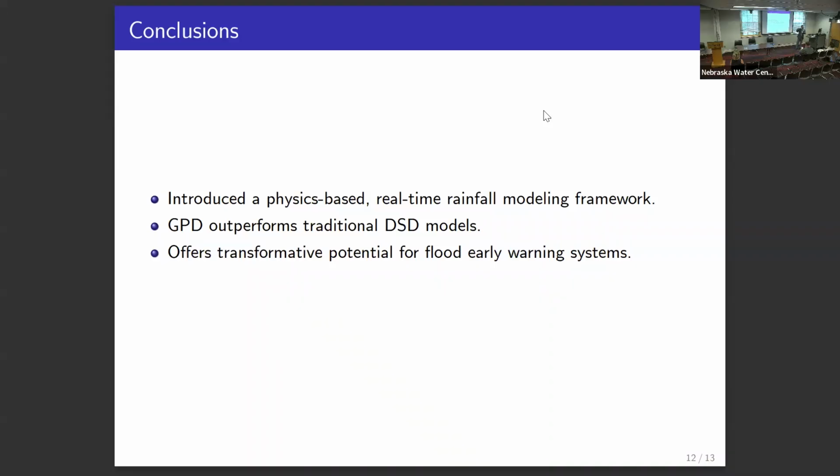Traditionally in meteorology and hydrology, people use a gamma function or a log-normal distribution. However, those distributions cannot collapse all data into one curve. This research offers transformative potential for flood early warning systems, meaning warning one or two hours before the rain.